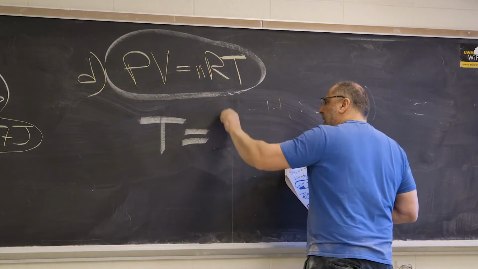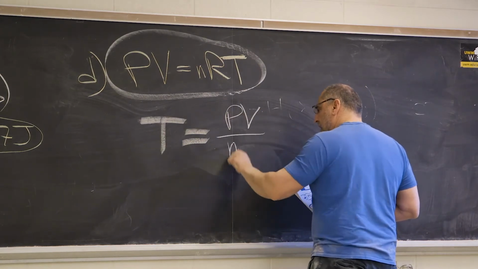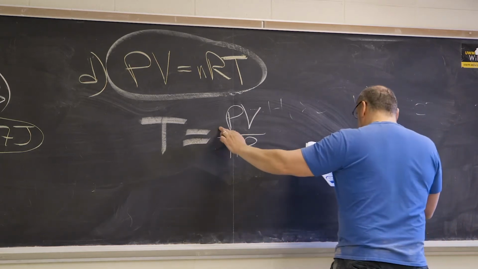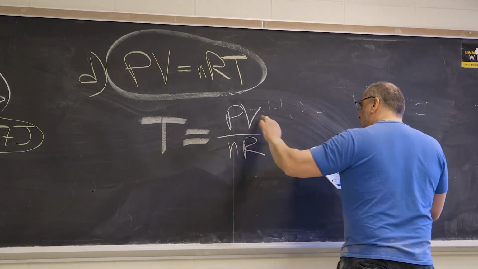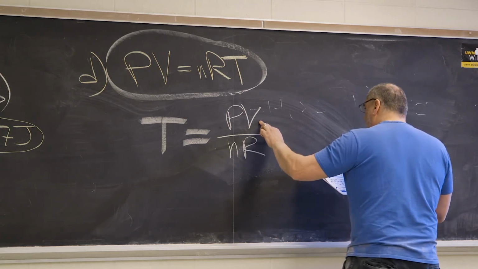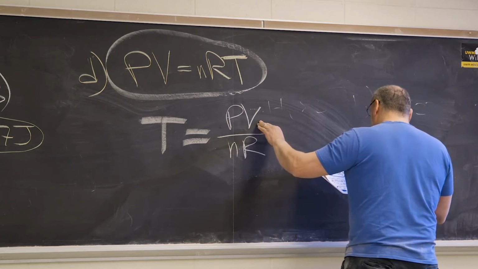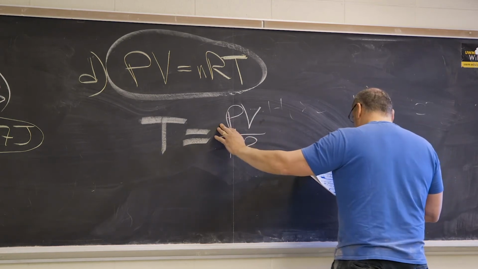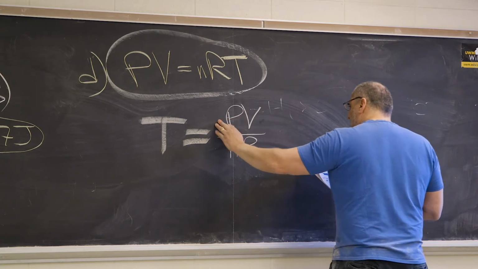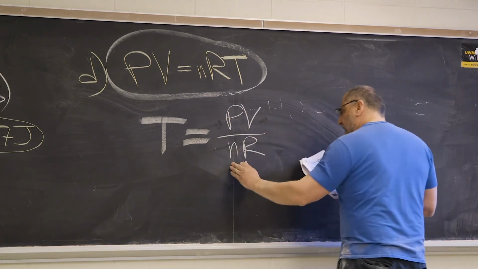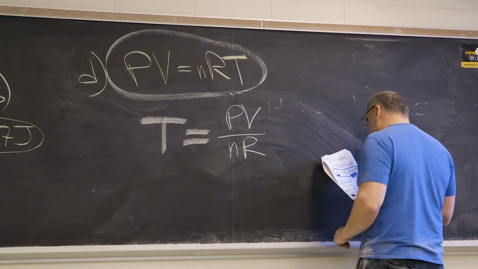Divide by nR on each side. P is the 81,116. The new volume went from 0.3 cubic meters to 1 cubic meter. The 1 goes here. So 81,116 times 1 divided by the product, 10 times 8.31.